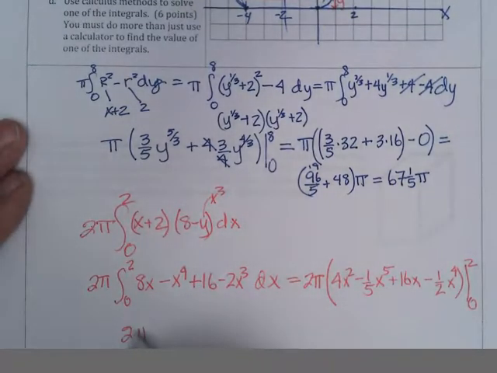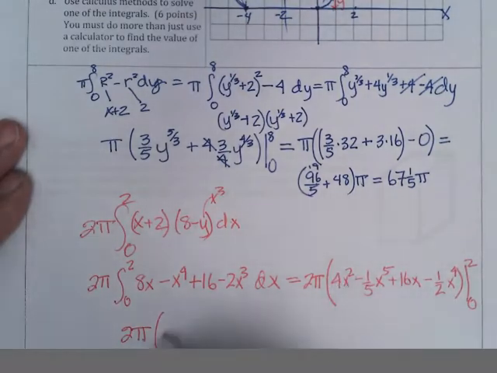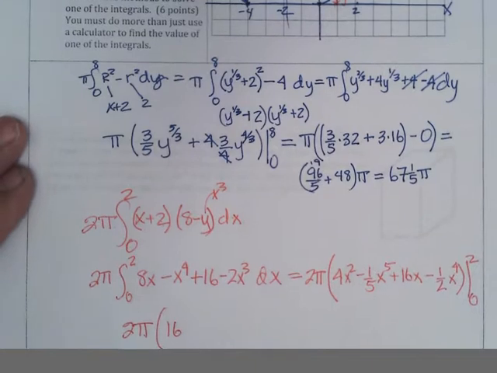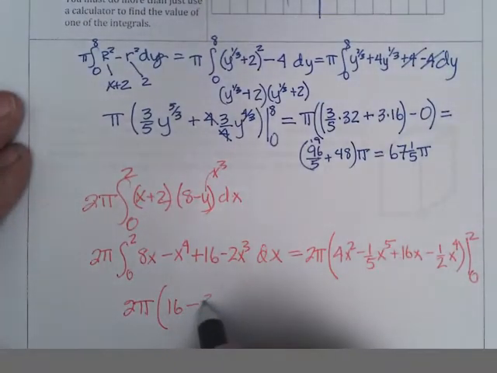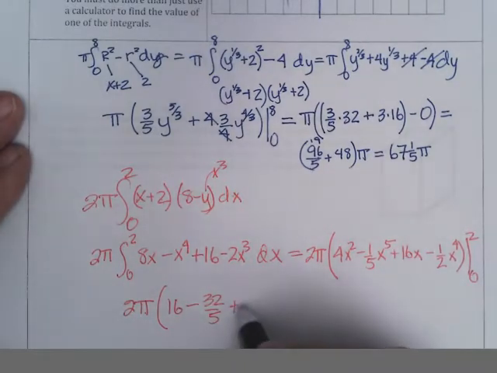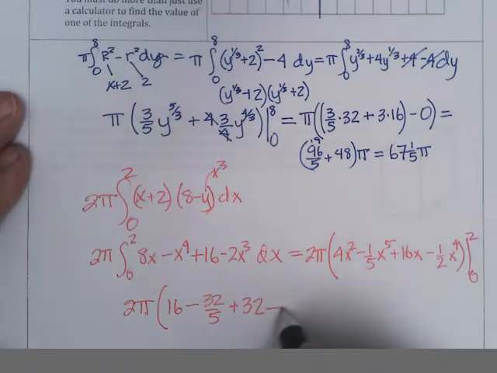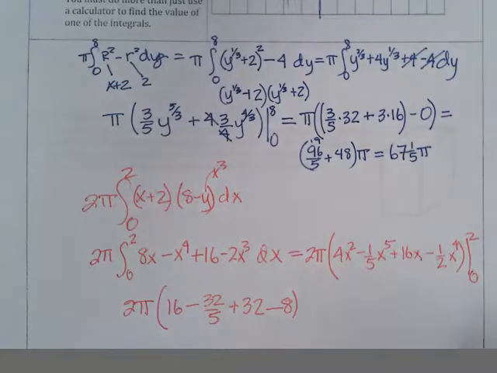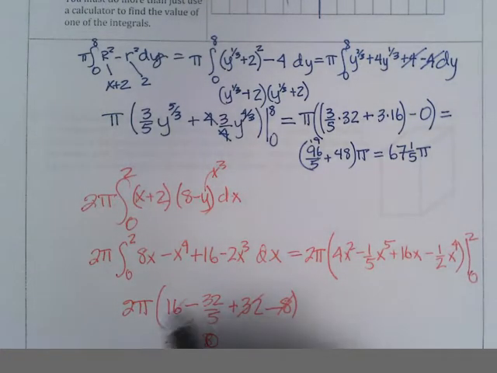So I get 2 pi. 2 squared is 4, times 4 is 16. 32 divided by 5. 16 and a half is 8. Minus 0. So 16 plus 32 is 48. Minus 8 is 40.